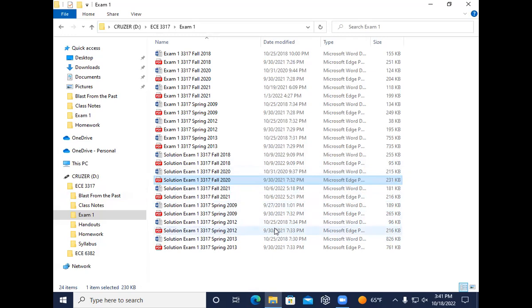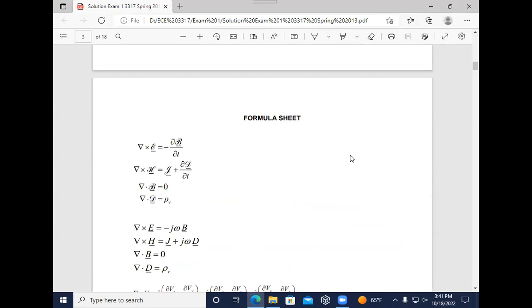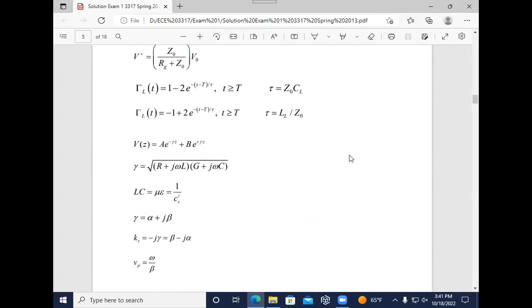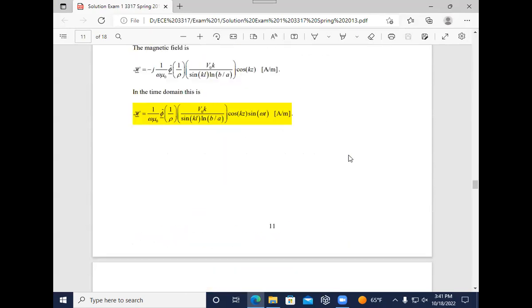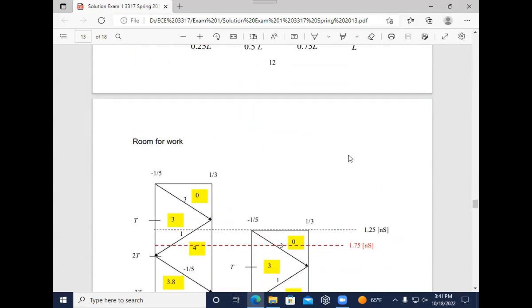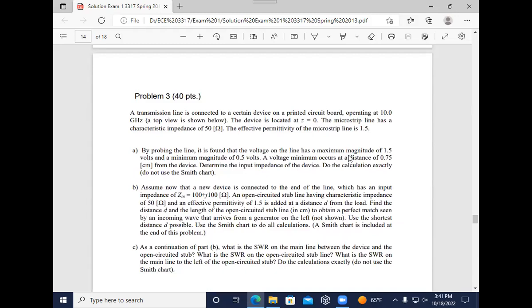Let's see, I see Spring. Okay, because I was going to say, I don't see a fall 2013. So you mean spring 2013? Okay. Is this the right one? Yes. Okay.